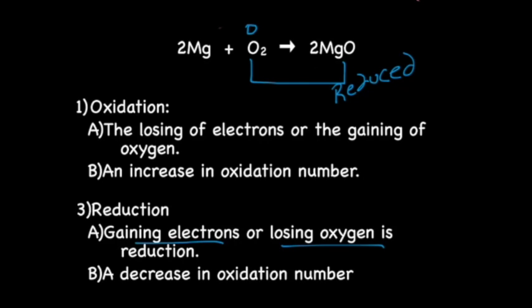On the product side, however, oxygen is in an ionic bond with magnesium, which means the oxidation number is the same as the charge. So the oxidation number on oxygen is -2. That is a decrease in oxidation number. Okay, so there's a quick review of oxidation and reduction.